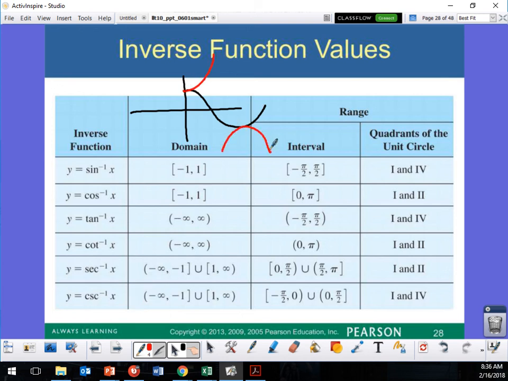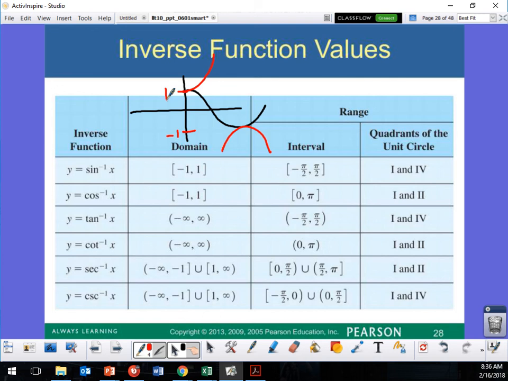Do you remember those? Yes. This is my -1, and this is my +1. So it would be from down here to up here. But I'm looking at secant over here, so secant is the same thing as what we had for cosine, but I'm not allowed to have an answer at pi over 2. Oh yeah, pi over 2 is not allowed to be your answer.